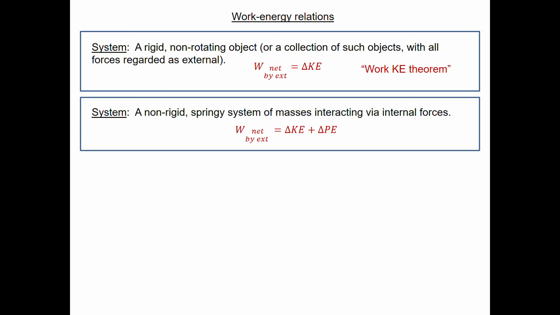So if our system is not rigid, like a system of two masses connected by a spring, or a system of my book consisting of the book and the earth with the gravitational force being sort of an invisible springy force in between, the work kinetic energy theorem isn't true, but this other theorem is true. We just have to figure out now how to calculate those potential energy changes, and that's going to be the subject of our next video.